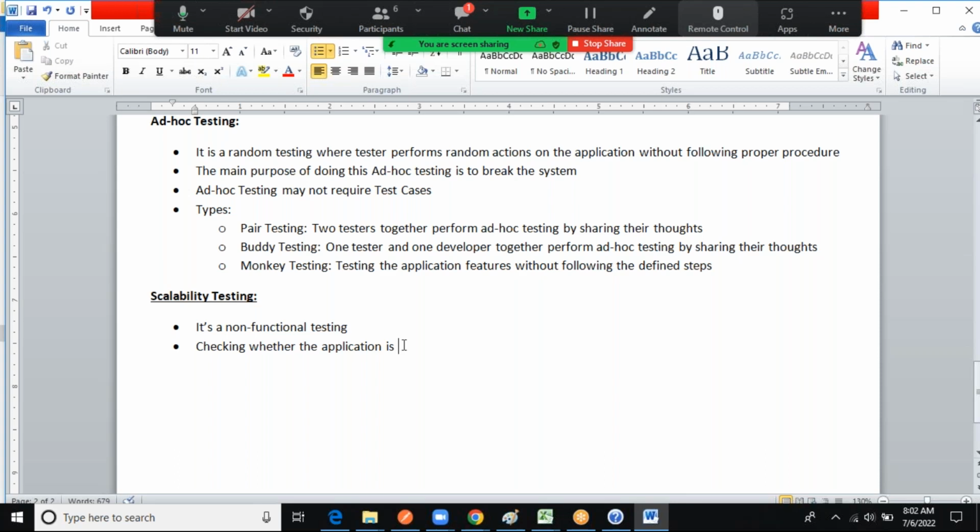Checking whether the application can be upgraded to the latest technologies, or whether the configured resources can be upgraded or not, is validated. Checking this is called scalability testing.